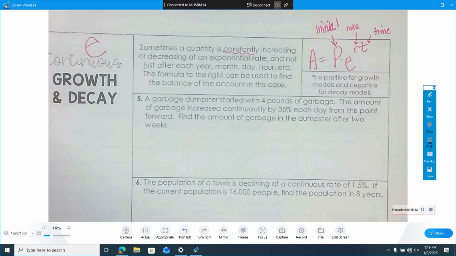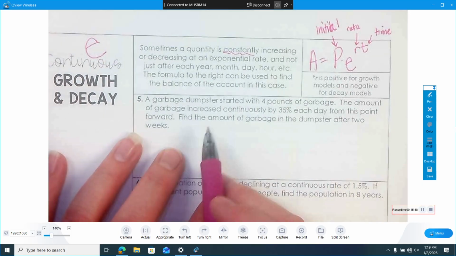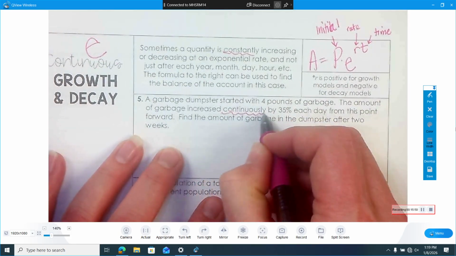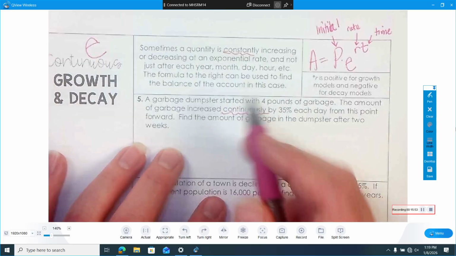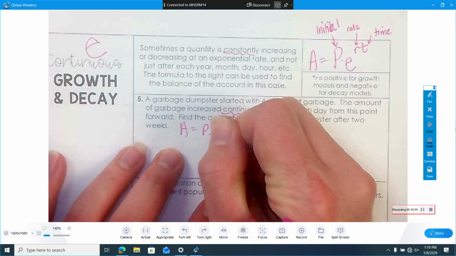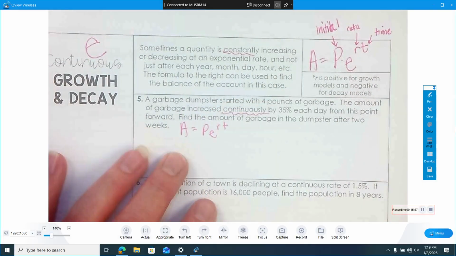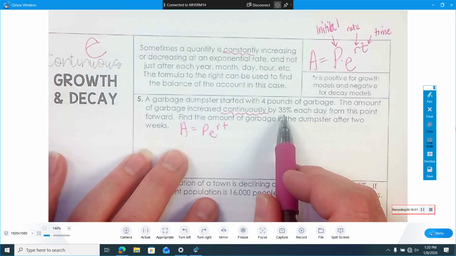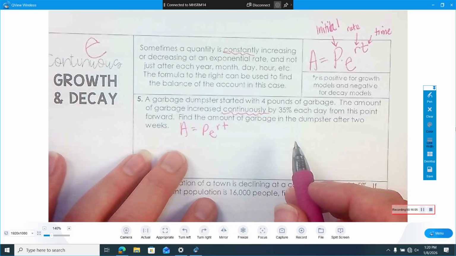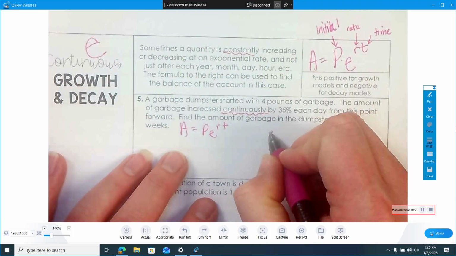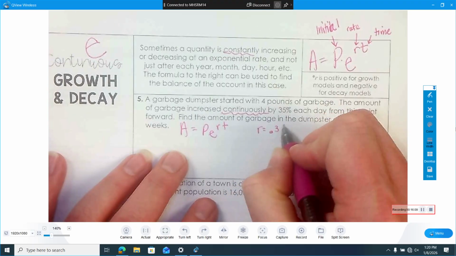Let's look at number 5. A garbage dumpster started with 4 pounds of garbage. The amount of garbage increased continuously. Because of that word, continuously, I know I'm using the PERT model. By 35% each day. What do I do with that 35? 0.35, very good, so r is 0.35.